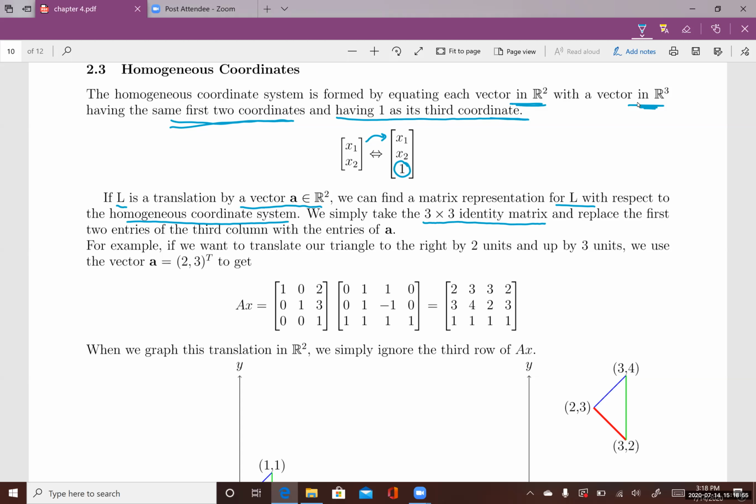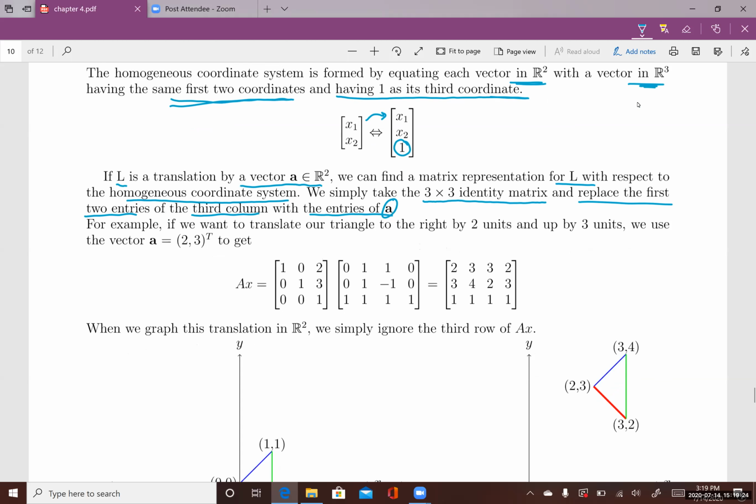We start with the 3 by 3 identity matrix and replace the first 2 entries of the third column with the entries of A. Again, A here is the translation that you want to do. If you want to move up by 2 and over by 3, then y equals 2 and x equals 3. Right? So that's how you come up with the translation matrix.